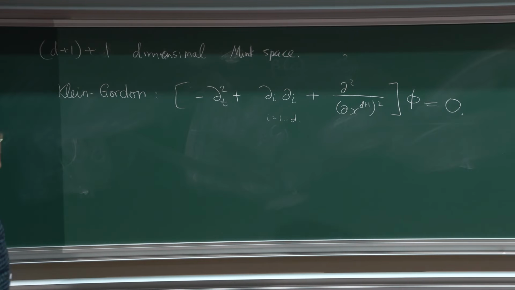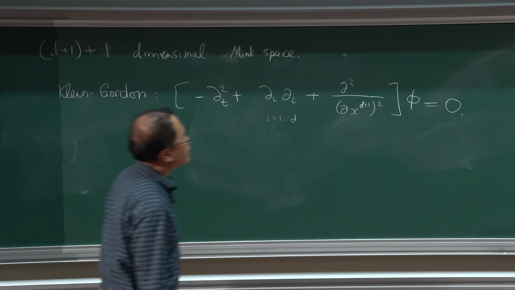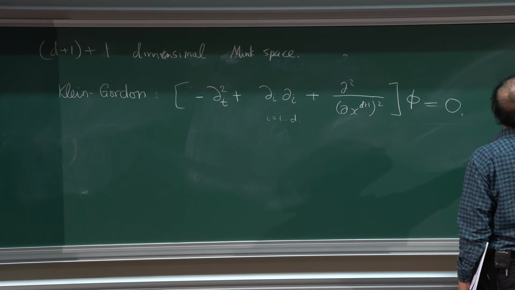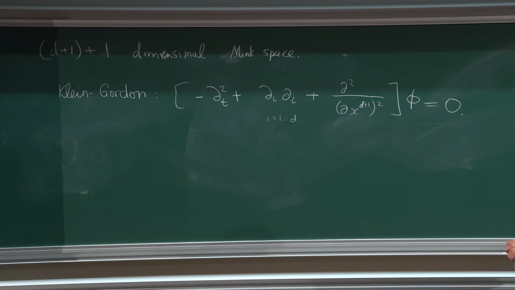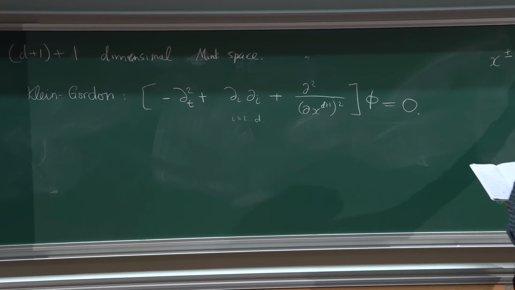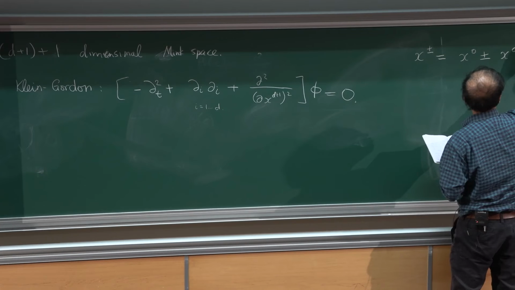Let me rewrite this equation in light cone coordinates. So I introduce x plus minus, and my x plus minus is going to be x0 plus minus x_{d+1}.